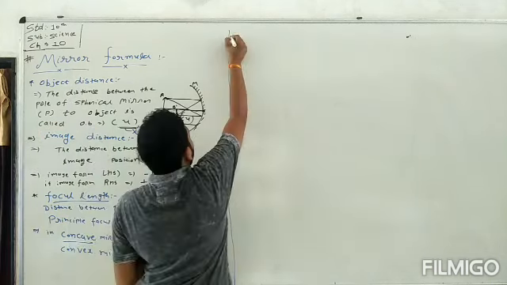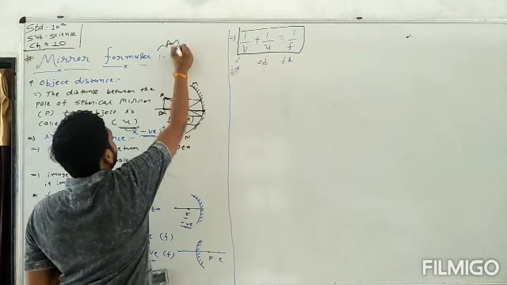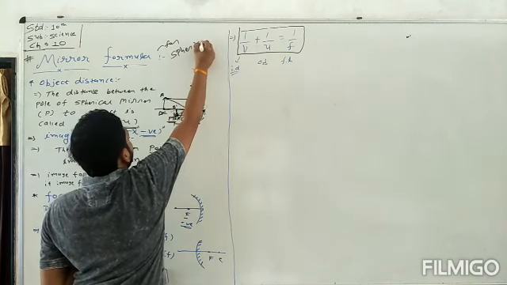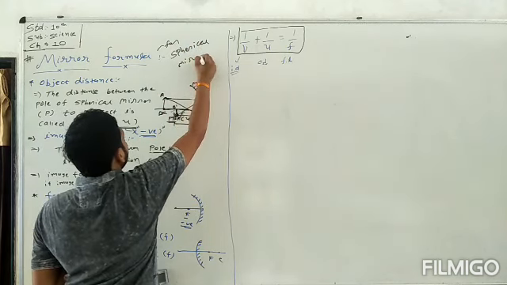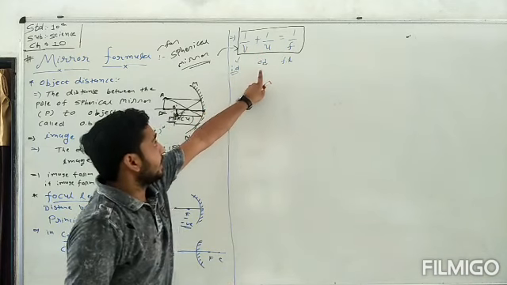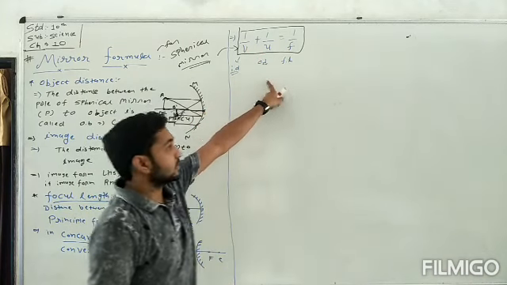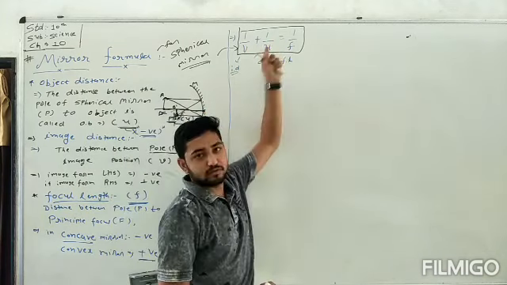This formula is very important for spherical mirrors. We can also say that the reciprocal sum of image distance and object distance is equal to the reciprocal of focal length.